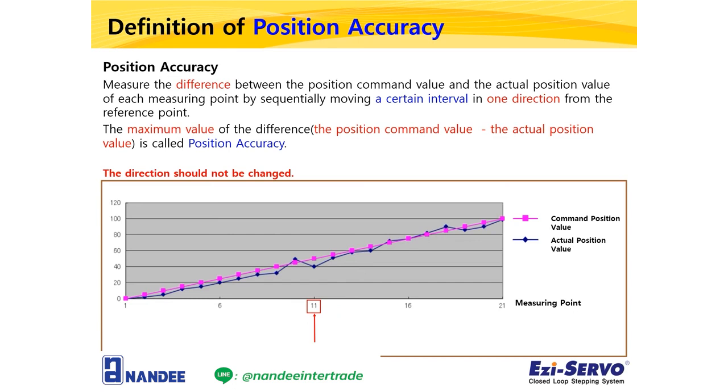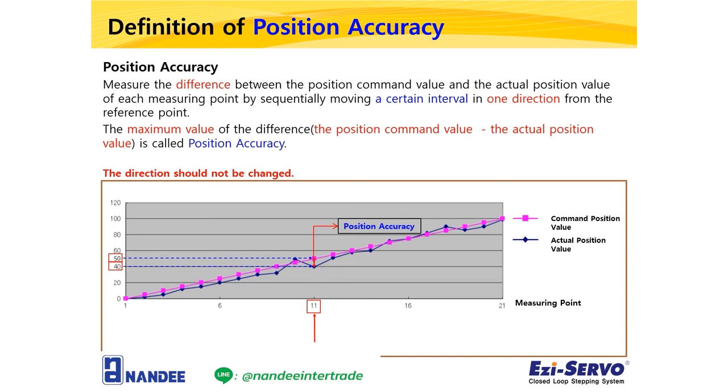The commanded position value is 50, but the actual position value is approximately 40. The position accuracy can be calculated by subtracting the actual position value from the commanded position value. So, the position accuracy is 50 minus 40, that is 10.